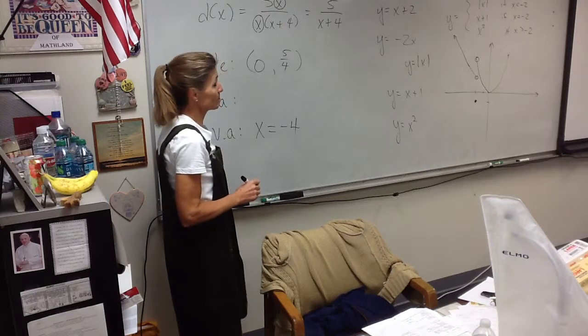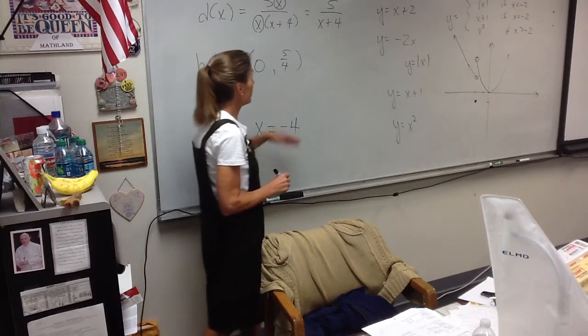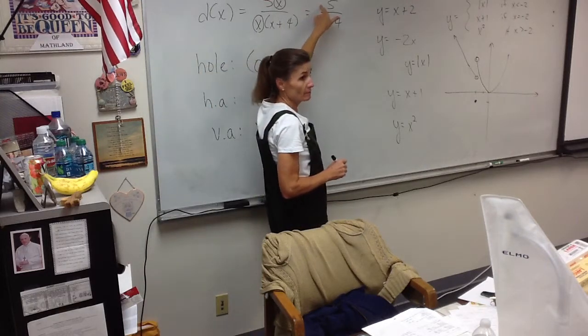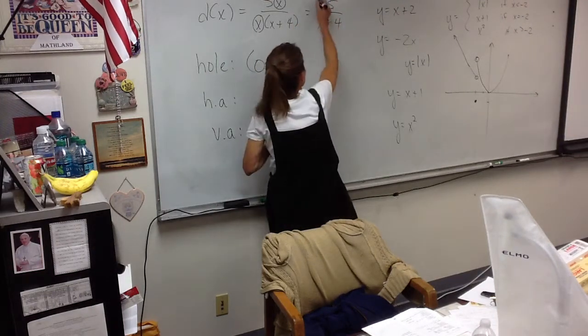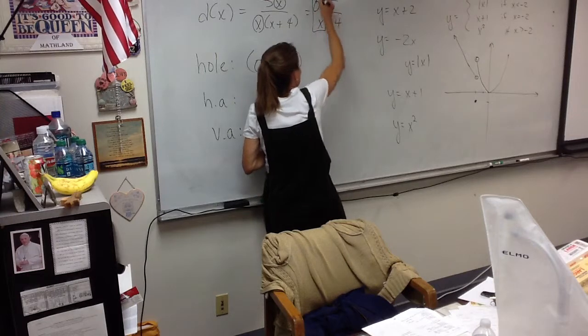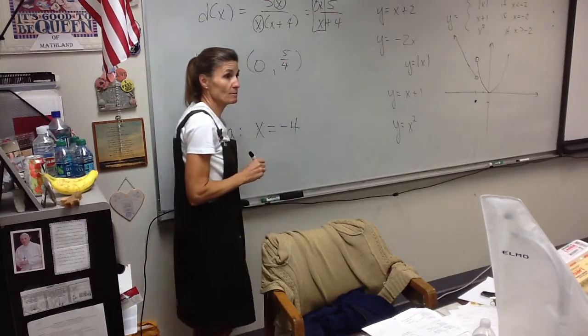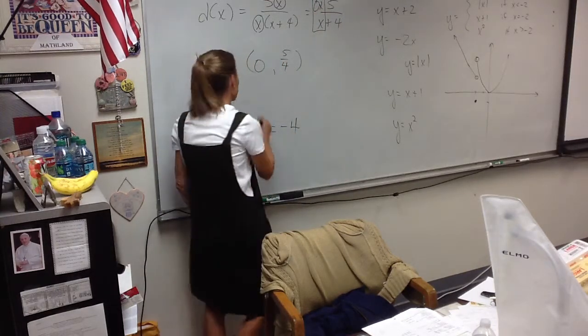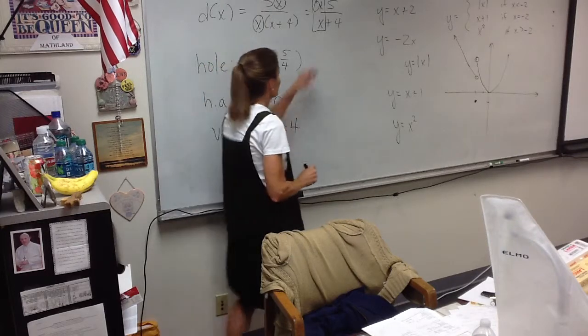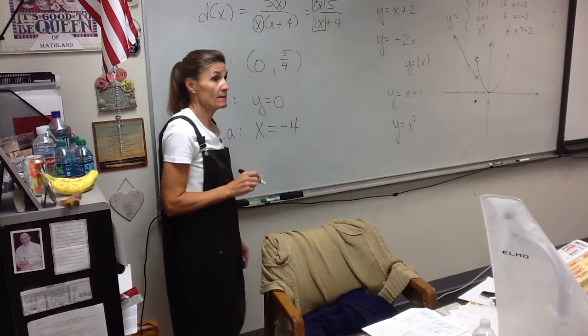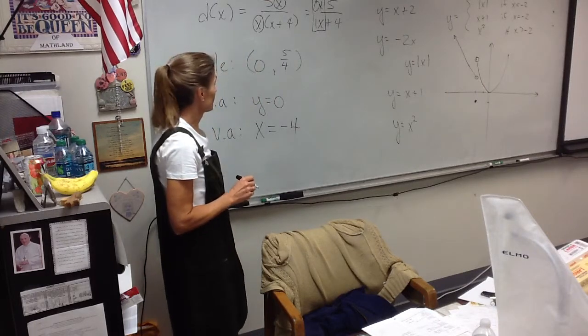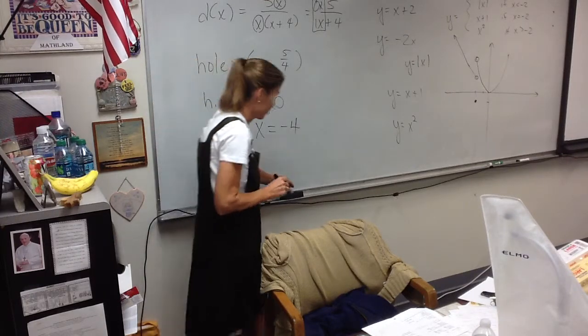Now my horizontal asymptote's a little tricky because there's no x up here to balance out this one. So what does that tell me? If there's no x up there, then where's my horizontal asymptote going to be? At y equals 0. 0x over 1x, 0 over 1, that's going to be at 0. Gotcha.